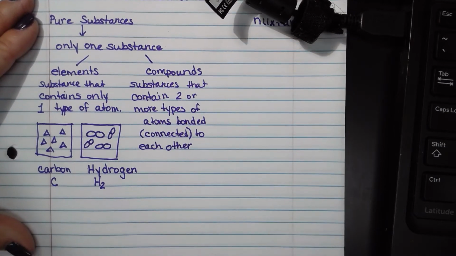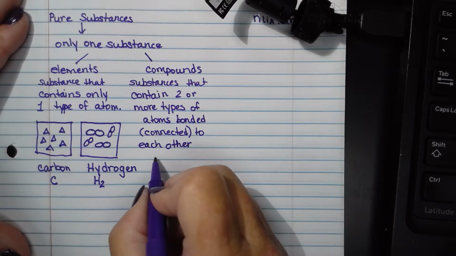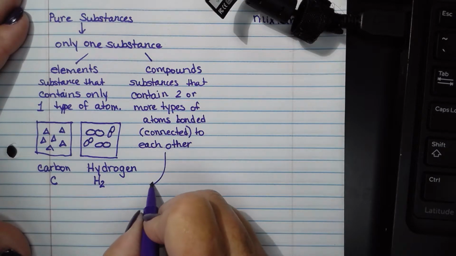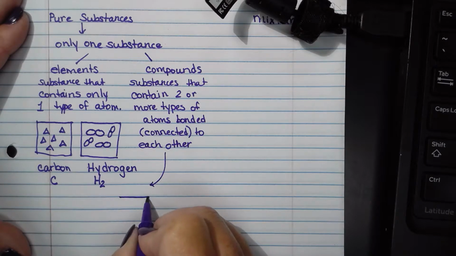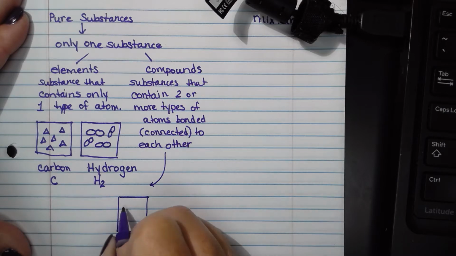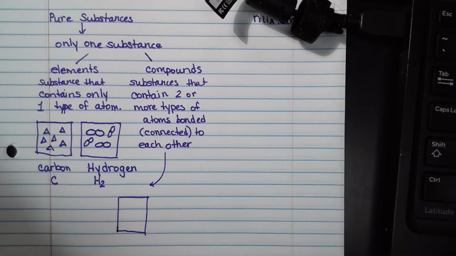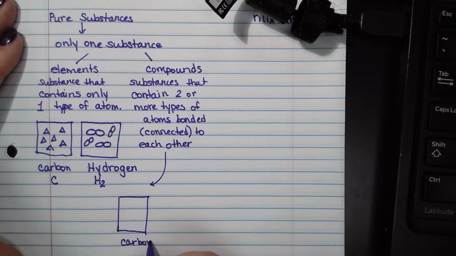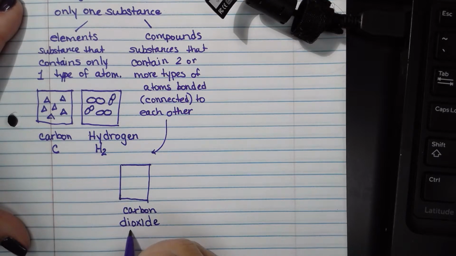When we looked at this in the card sort activity, we might have seen this like this. Let's say you have carbon dioxide, and we'll get into naming these things and writing formulas later, but the formula for carbon dioxide is CO2.